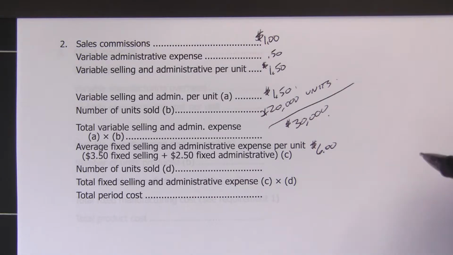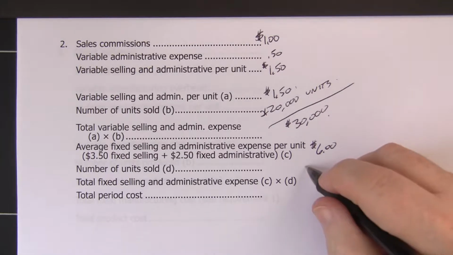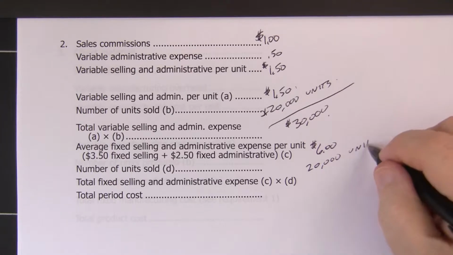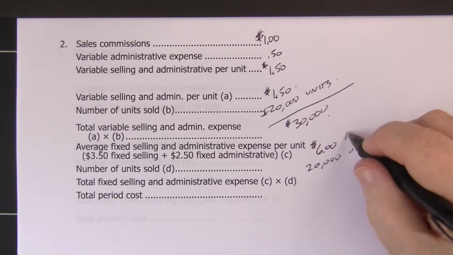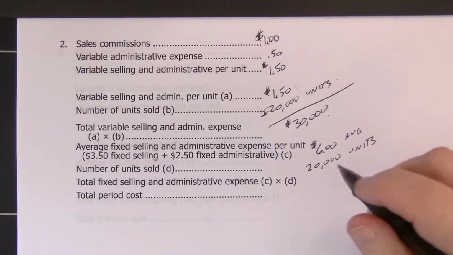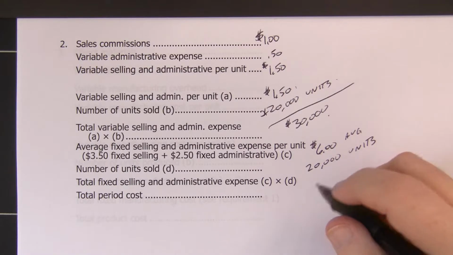So our total fixed selling and administrative expense, 20,000 units were sold at an average of $6 per unit for fixed SG&A. So our total fixed selling and administrative expense is $120,000.